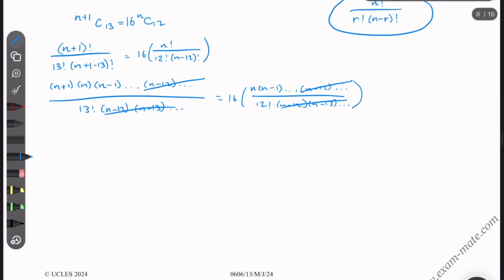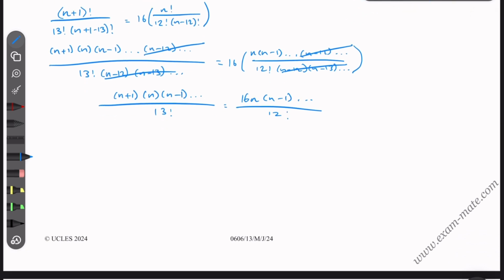So it will become, okay. So you can also factorize out. You can also cancel out the 12 factorial and 13 factorial, which leaves this part as 13 only. This part.